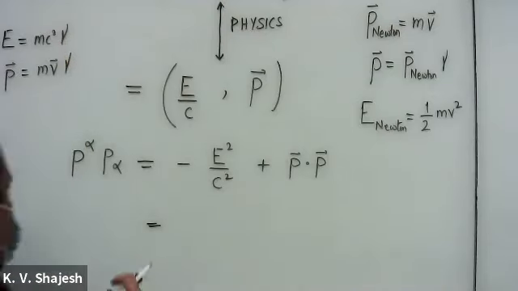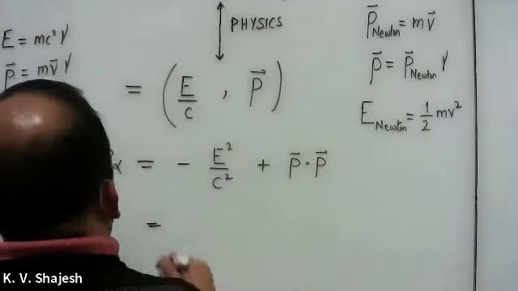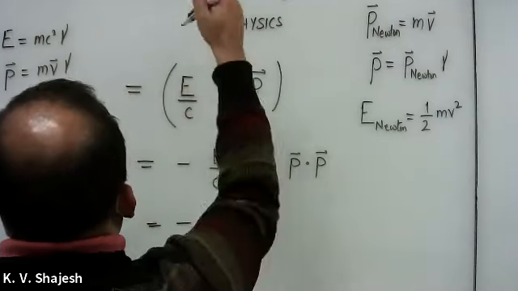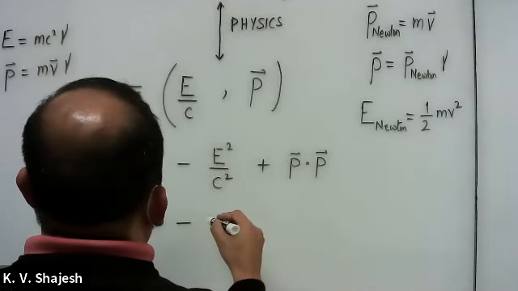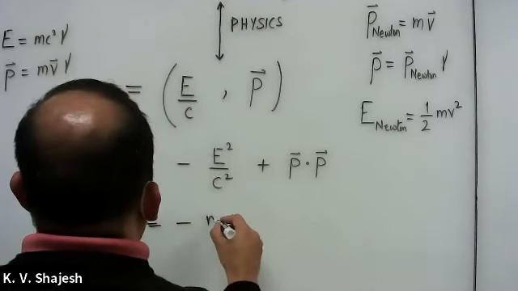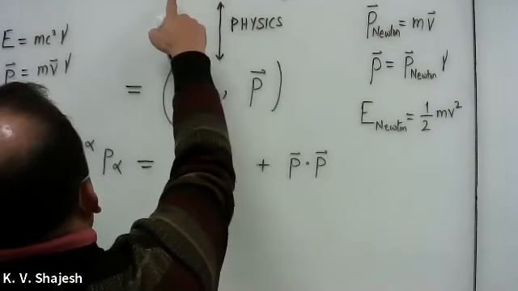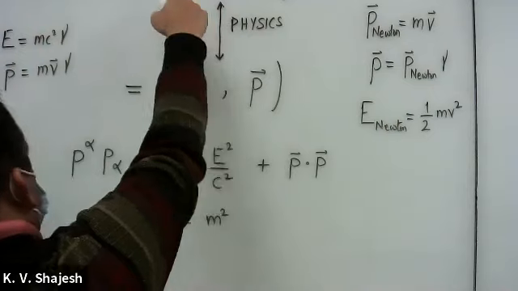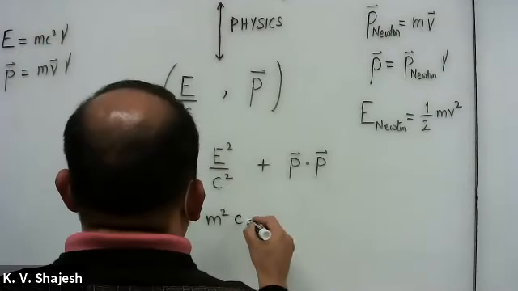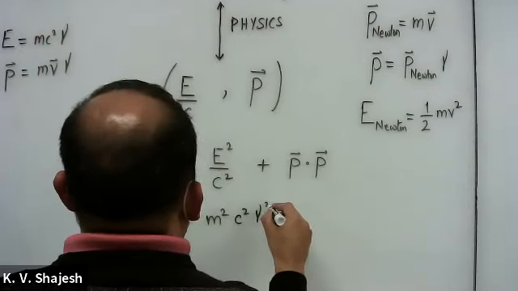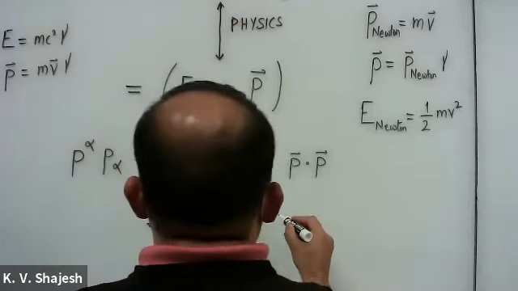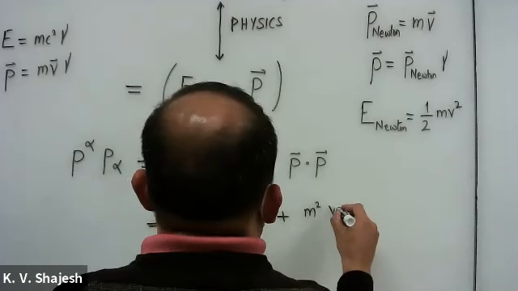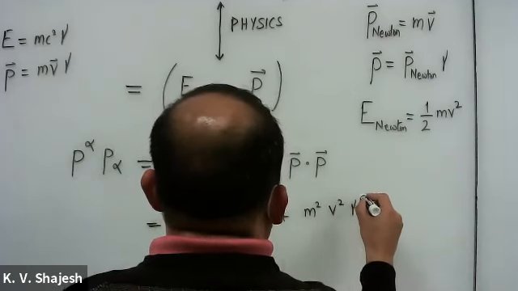In relativity, put these values in. So this is minus m squared c squared gamma squared, minus, or sorry, plus m squared v squared gamma squared.